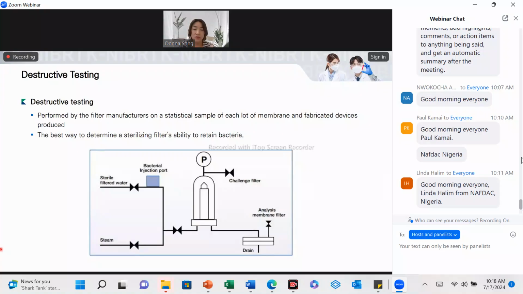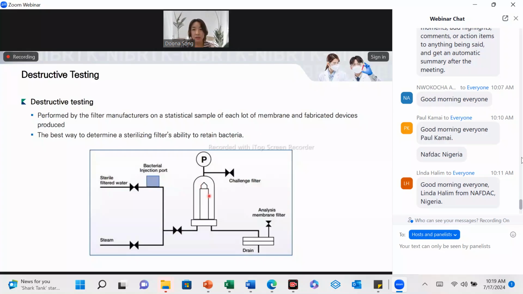The destructive test is the best method to evaluate the sterilizing filter's capability to retain bacteria. In this experiment, we intentionally grow the microorganism and pass them through a filter.